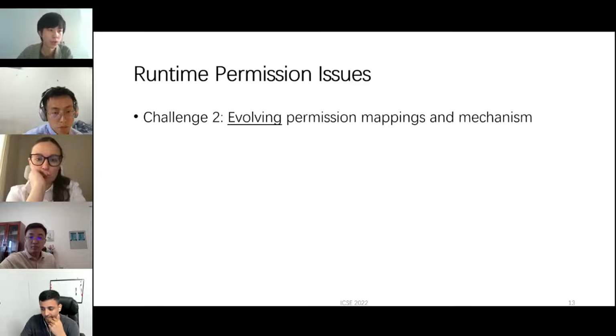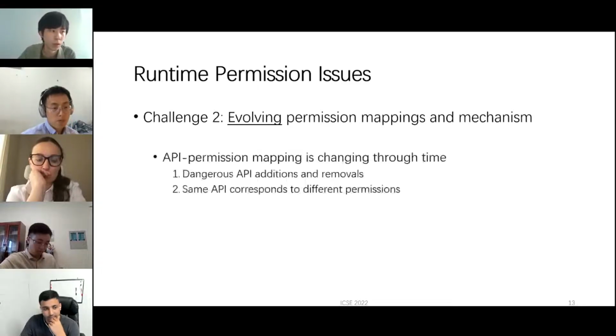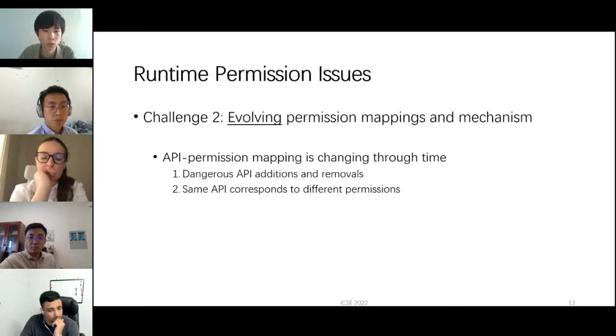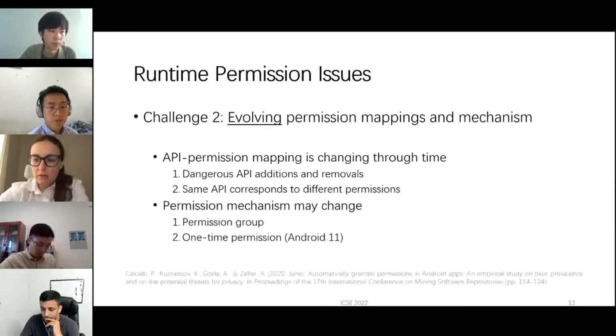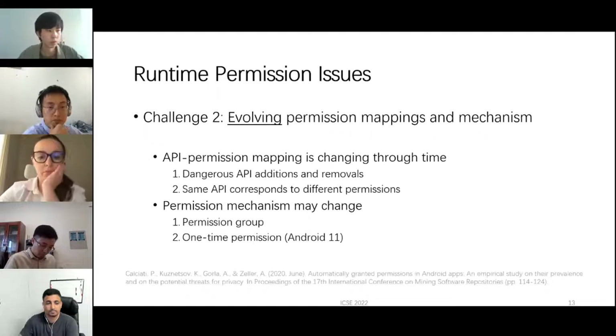Another challenge is permission evolution. For example, during the evolution of Android, dangerous APIs may be added to or removed from the framework, and the required permissions may change. The permission mechanism itself is also evolving. So an accurate detector should take this problem into account.